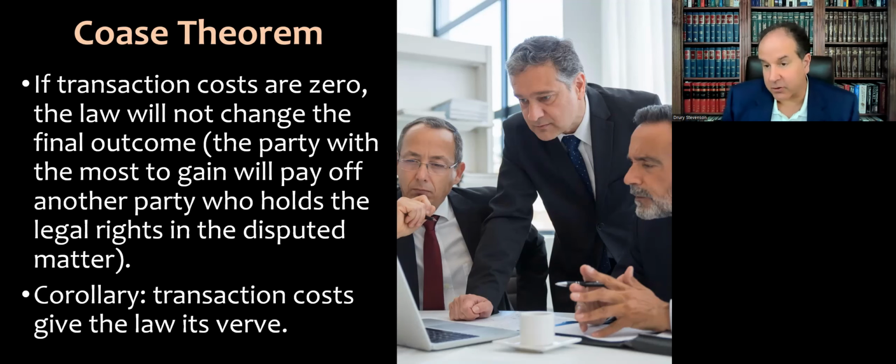So you could have a situation where the law forbids certain transactions. You're not allowed to sell yourself into slavery, for example, or sell your children, or things like that. And so in that sense, because the law has made the transaction cost very high, the law really matters, right? You can't bargain around that type of law.